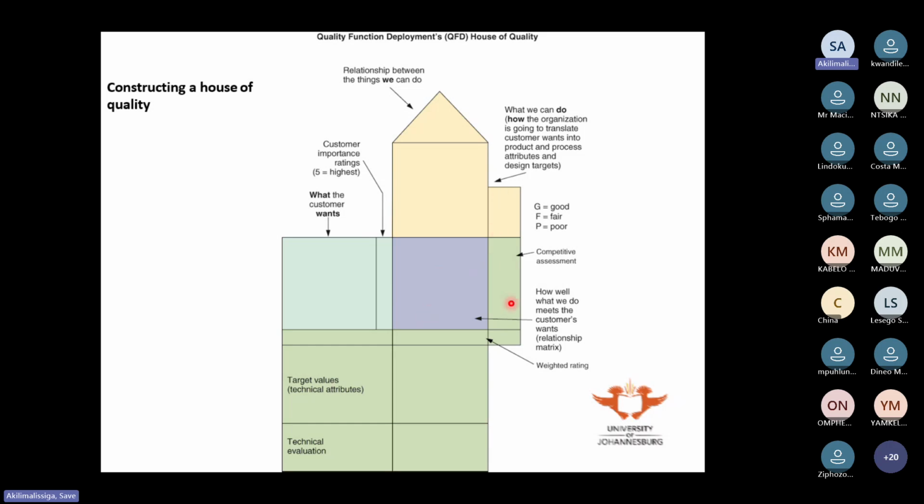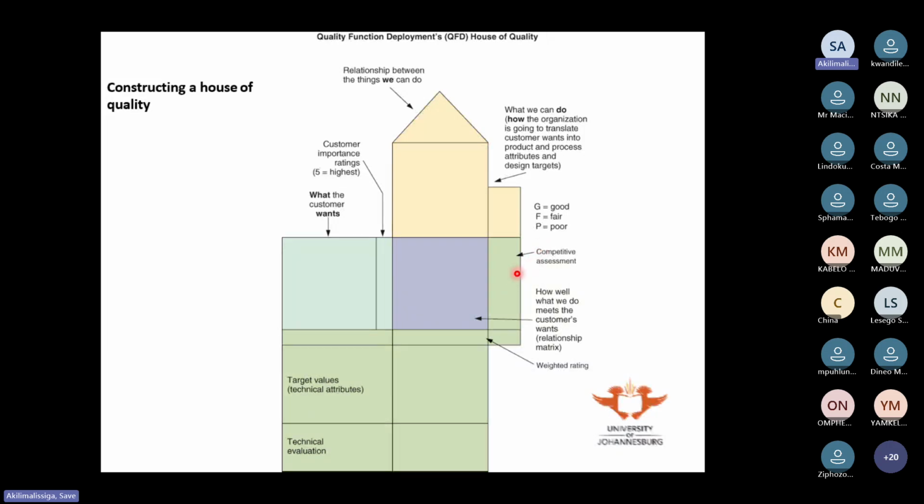Now, this side here is what you call the competitive assessment. So competitive assessment here is you now going to compare your product or your design with the competitors' products that are already in the market.